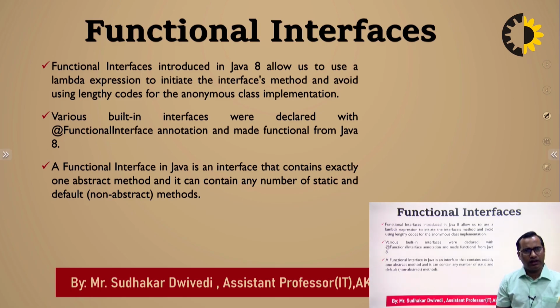So here we can eliminate all these lengthy implementations through the Lambda expressions or the method references that we will discuss in the subsequent series of the lectures. So in short, the purpose of the functional interface is to reduce the code, so that we can write the code in a very clear and concise manner. And yes, it also improves the readability, makes the code simple and easy to understand.